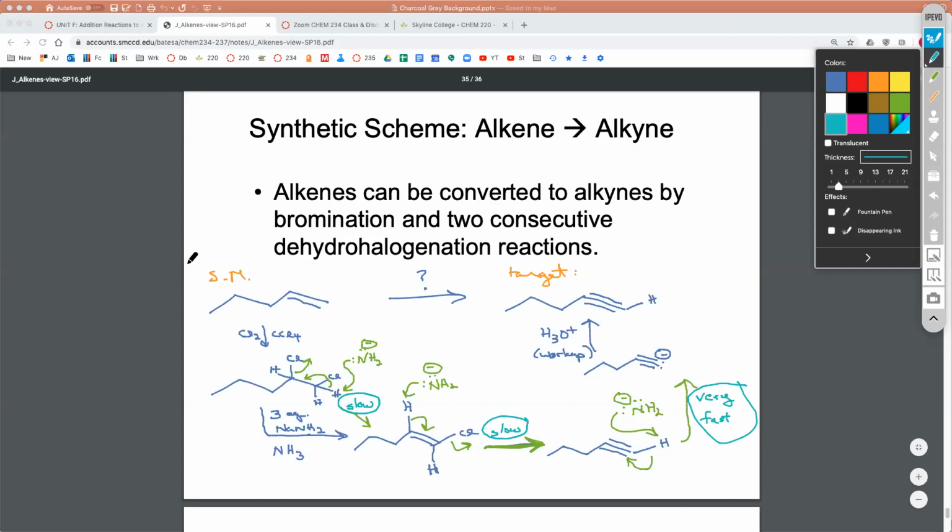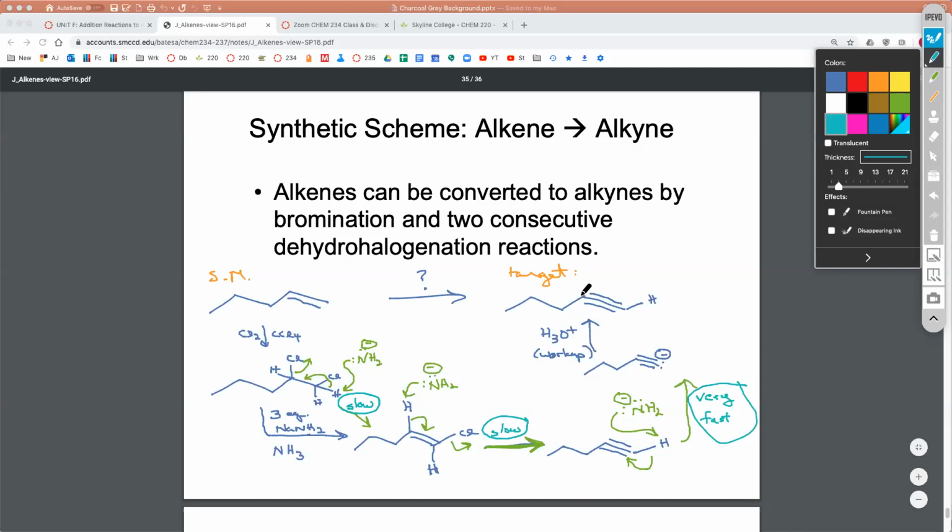So while this is useful now and will be something that could be covered on the exam, and also, we've already talked about a compound like this participating in an SN2 reaction. As we move forward, alkynes are going to become even more important to us because, as we'll see in chapter 11, alkynes can then be converted to carbonyls or other compounds through addition reactions.